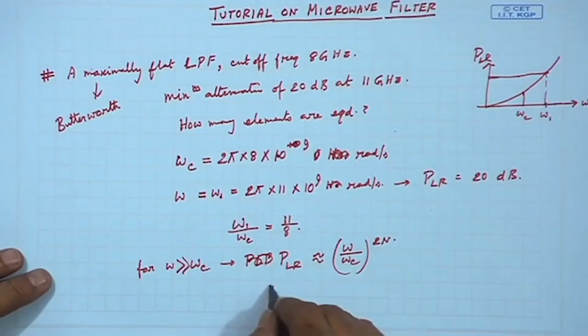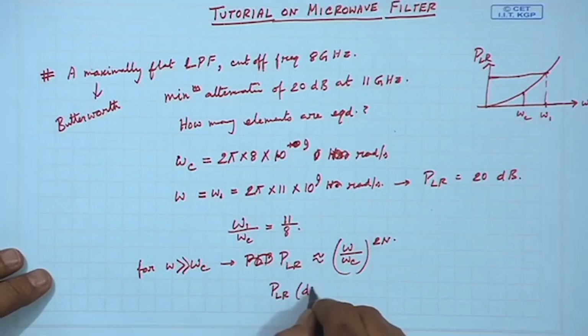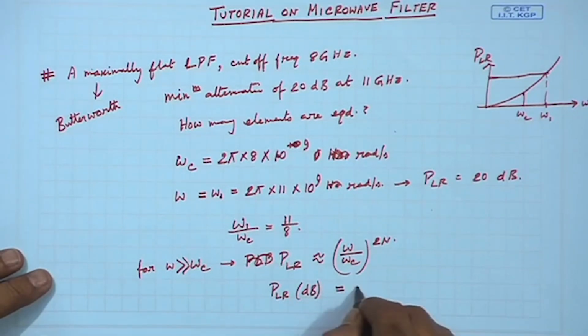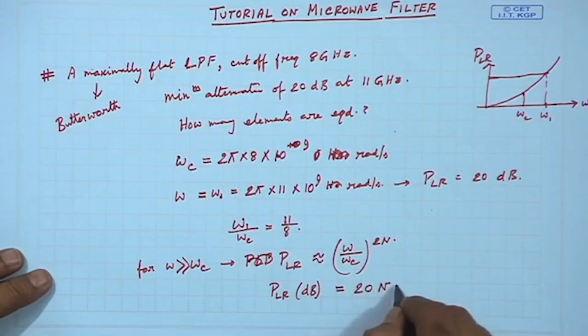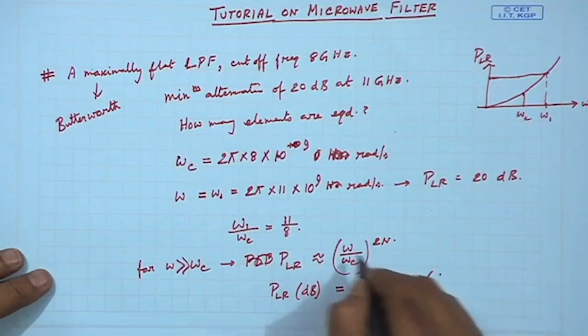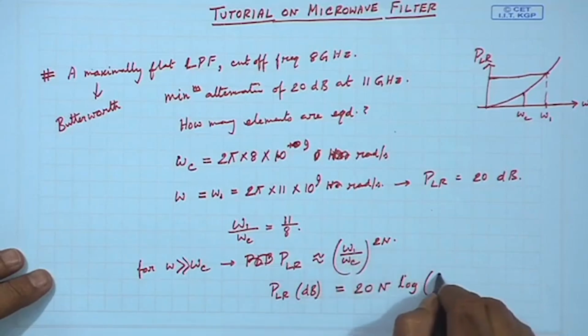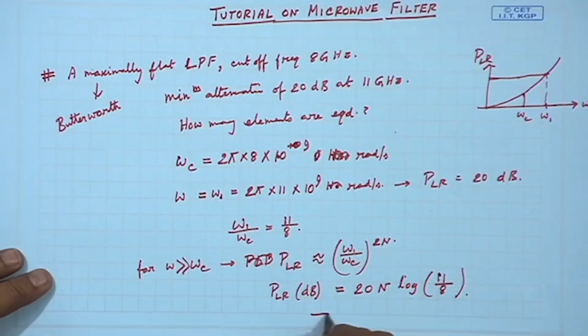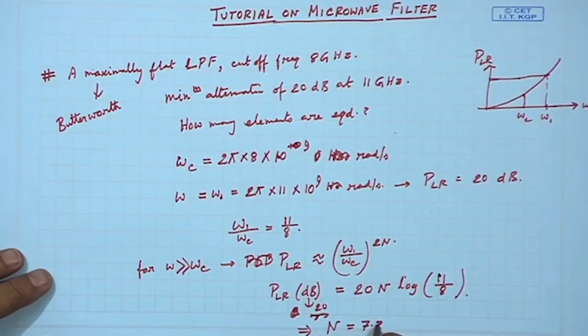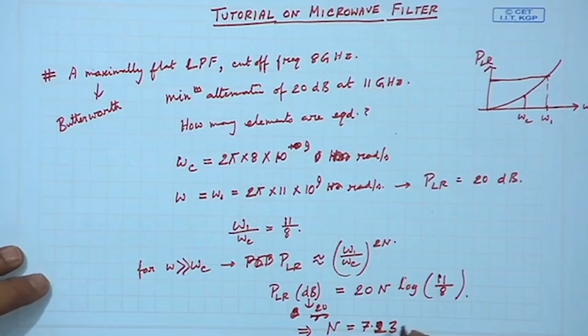So, in dB, PLR dB will be 20 n log of omega 1 by omega c, so 11 by 8. You can solve for this, it is given as 20. That gives you n as 7.23.